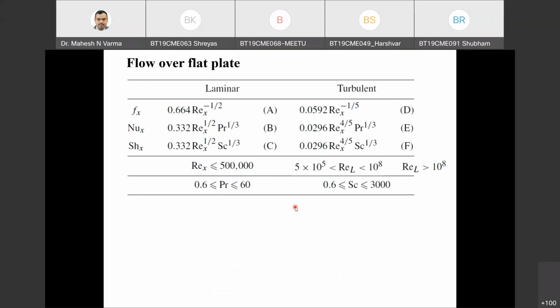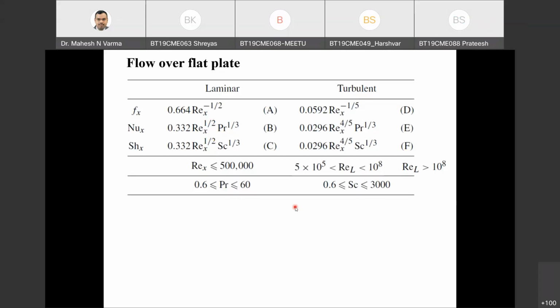Here, roll number 88, Pritesh. Can you give me an idea how to get the average value of friction factor, average value of Nusselt number? Sir, since we require it along the entire length, we can use integration. Very good. Integrate dx.